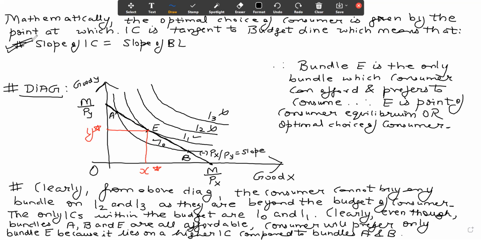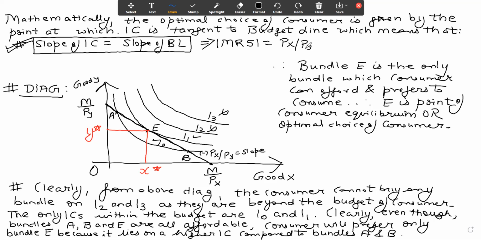Now, mathematically, if a curve is tangent to a line at a point, then at the point of tangent, slope of the curve exactly equals the slope of the line. So this implies, what is the slope of the indifference curve? In absolute terms, it is MRS. And what is the slope of the budget line? In absolute terms, it is Px by Py.